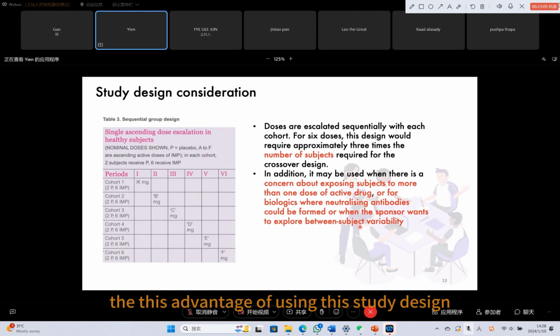However, the disadvantage of this study design is that you have to recruit a lot of people, about 3 times the number of subjects required for crossover design. So it depends on how you want to design your study, how many people you are recruiting, and what drugs you are testing.